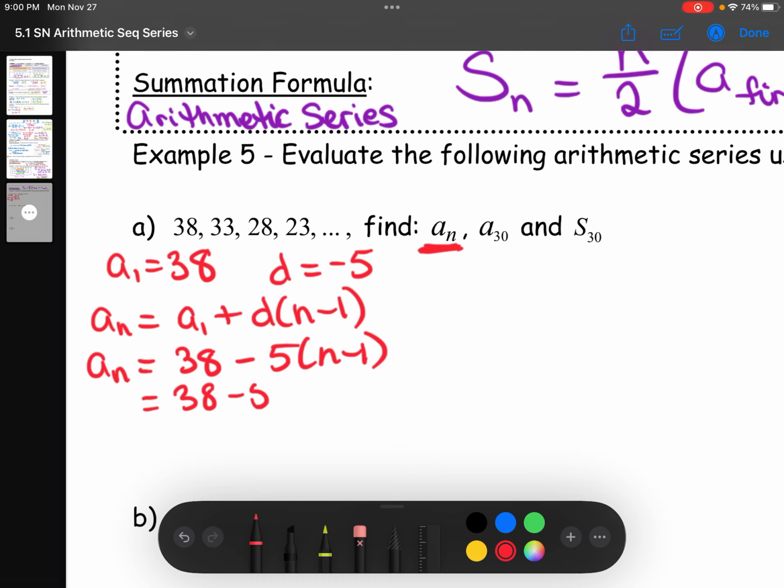So 38 minus 5n plus 5, which means our general rule is going to be negative 5n plus 43. Negative 5n plus 43.